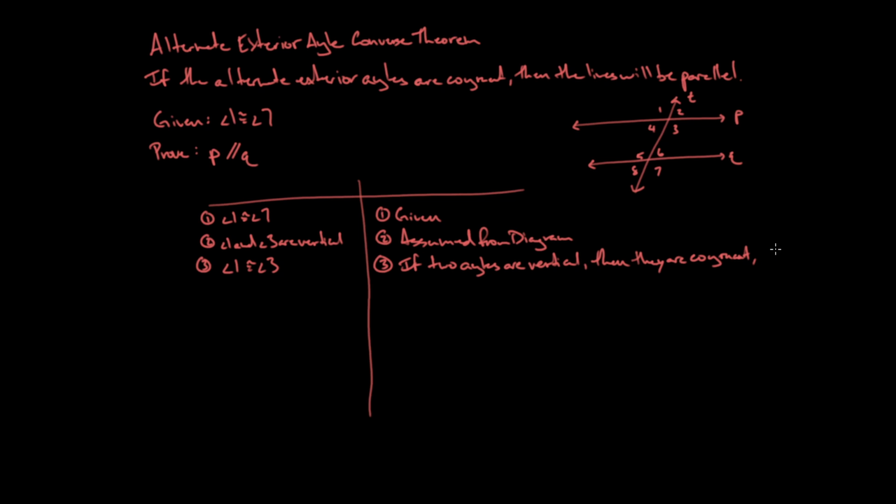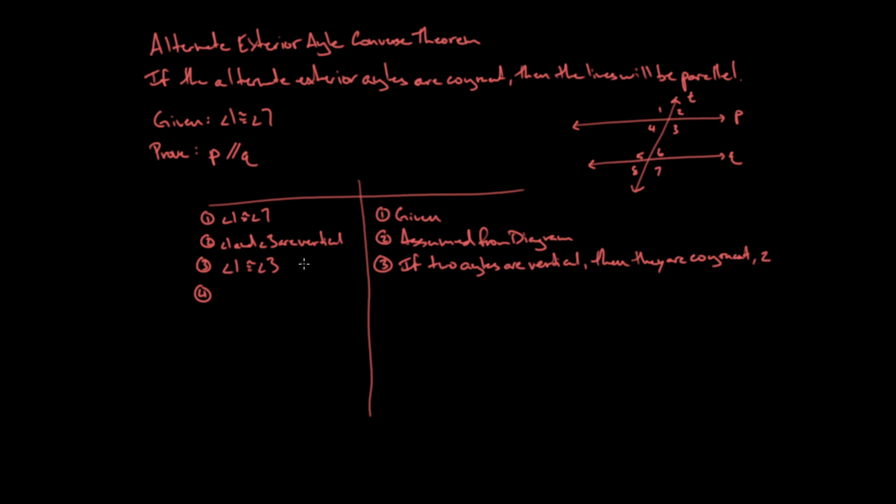We've been using it for a long time now, and just think about how many steps it saved us along the way, because our initial proof of the vertical angle congruence theorem was maybe 5 steps, and each time I use it now, I'm essentially cutting out 4 of those. It's been a big help along the way, which is nice.